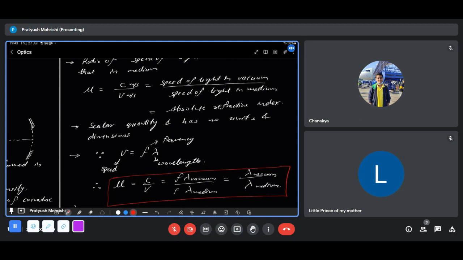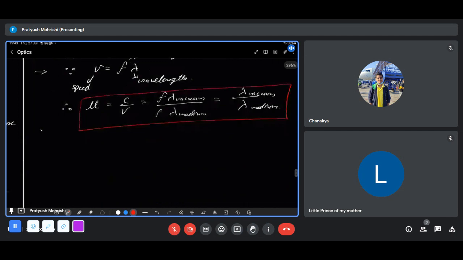Done. Now we got to know that mu is the ratio of C by V. Now, there is one electromagnetic theory. According to electromagnetic theory, the speed of an electromagnetic wave is the inverse of the square root of the permittivity and permeability of the medium.